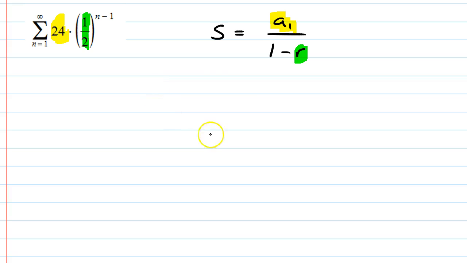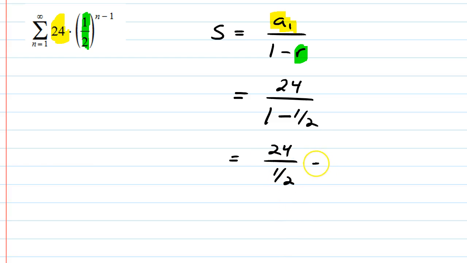So now we're just plugging it in, seeing what we get. So we get 24 over 1/2. This becomes 24 divided by 1/2. When you multiply by the reciprocal, it just becomes 24 times 2, which is equal to 48.